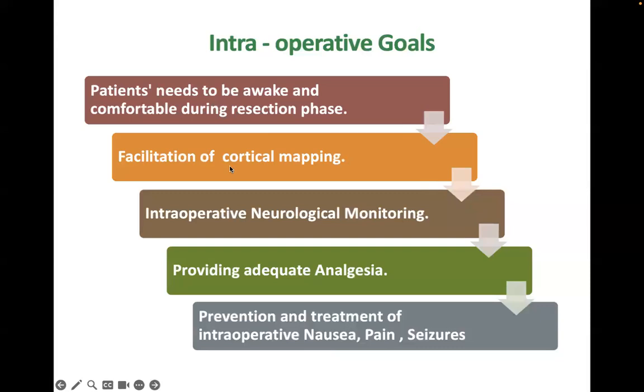We have to facilitate cortical mapping, and we'll see in an upcoming slide what cortical mapping is. Intraoperative neurological monitoring we have discussed. We also have to provide adequate analgesia intraoperatively and into the postoperative period. More importantly, we have to prevent and treat the common associated complications, which are intraoperative nausea, vomiting, pain, and seizures. These are the broader intraoperative goals for any patient having awake anatomy.